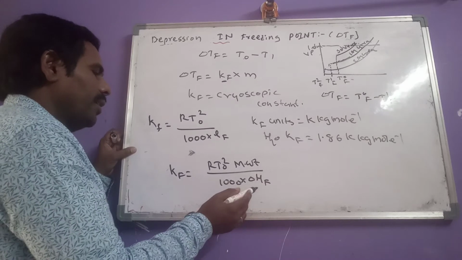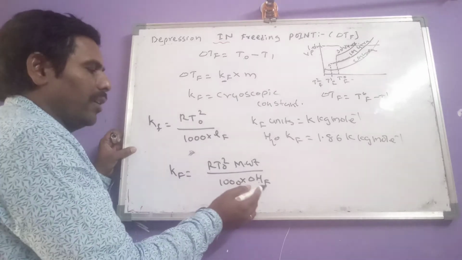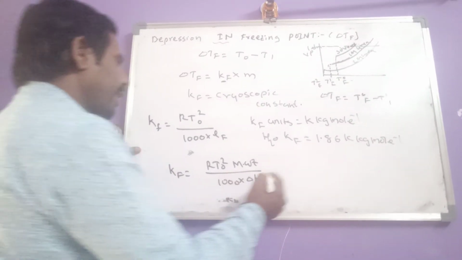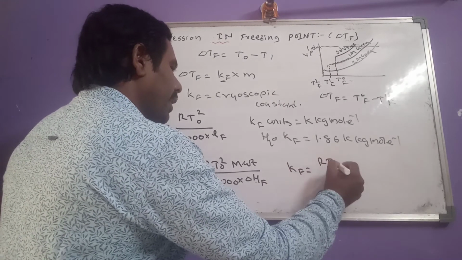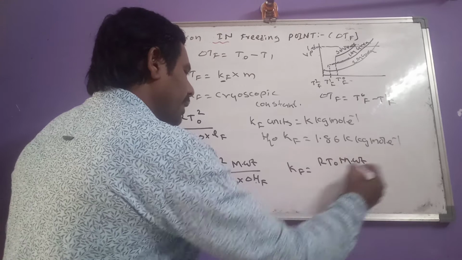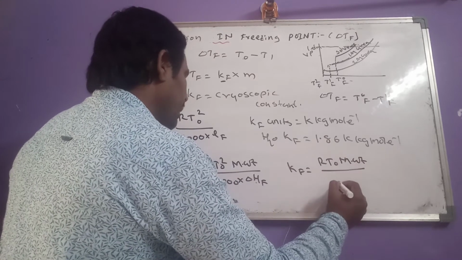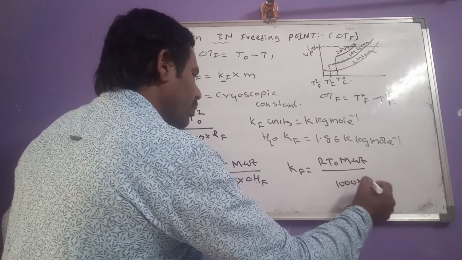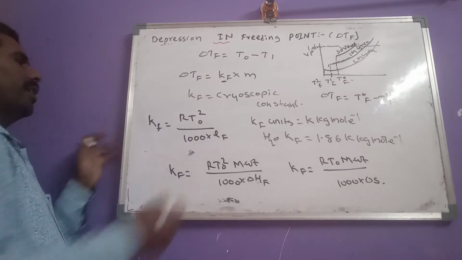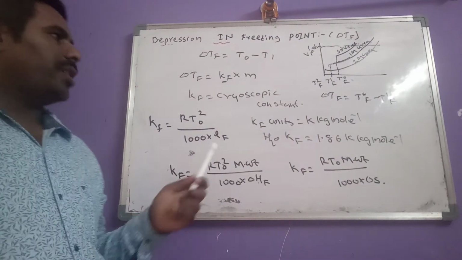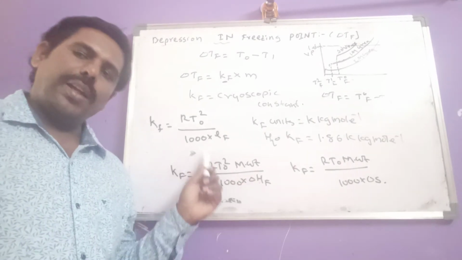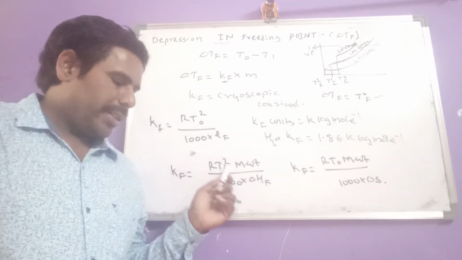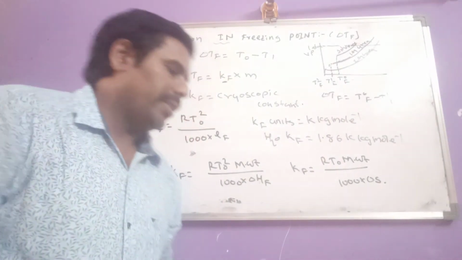This is the heat of fusion, and this can be changed into Kf equals RT naught molecular weight divided by 1000 into delta S. So these are the different expressions related to Kf, the molar depression constant or cryoscopic constant.